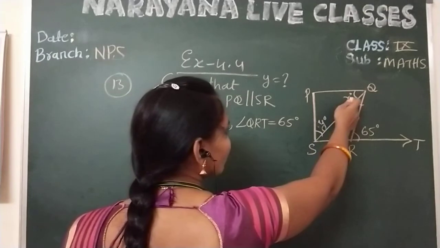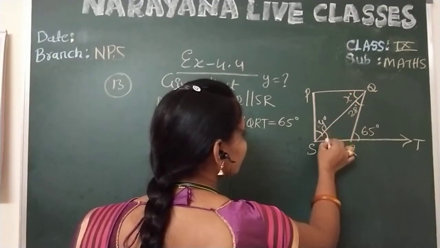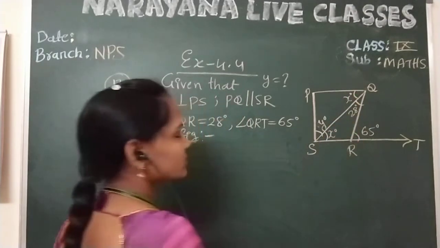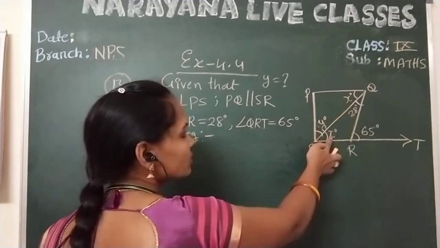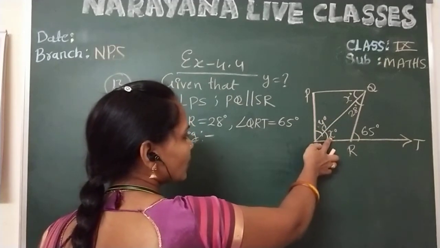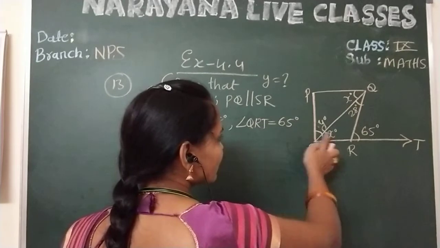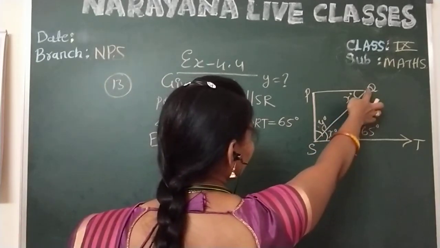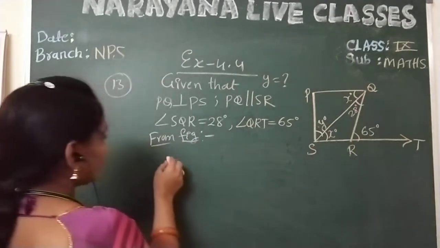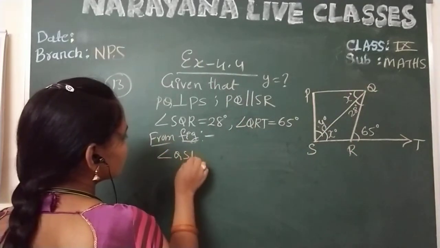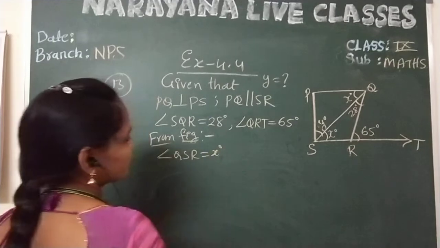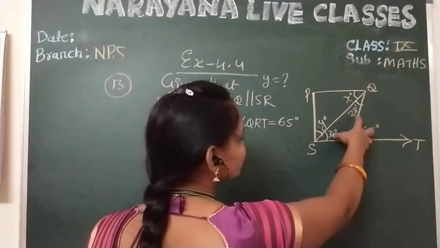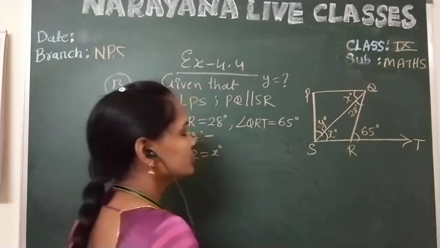So whatever angle is there, the same angle will come here, x degrees. Now here we can write angle QSR is x degrees.